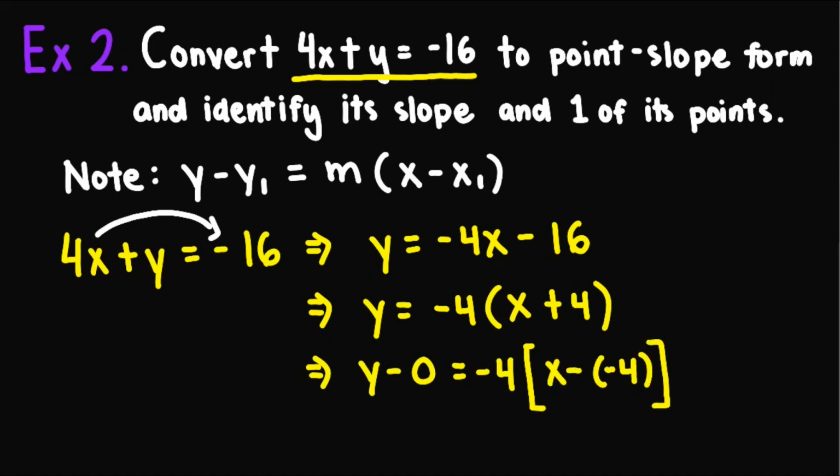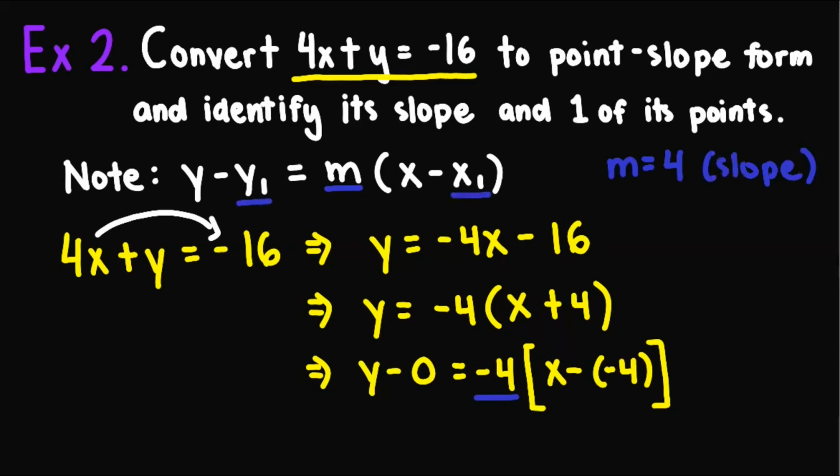Next thing to do is identify its slope. Clearly, the slope m is given by negative 4. So we have here m equals -4. After that, we can identify one of its points. By the point-slope form, we know that the ordered pair x sub 1 and y sub 1 is a point of the line.